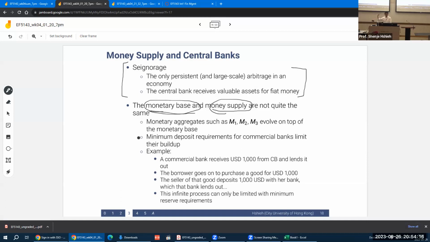Otherwise, you can have infinite money creation. So the example I gave you here, right? If you receive $100,000 from the central bank and you lend it out, you do this over and over again, and you just have infinite money growing. So you have to have reserve ratios to control the growth of money supply. We won't talk too much about this, but just be aware that central banks do use this channel to change the supply of money in circulation.